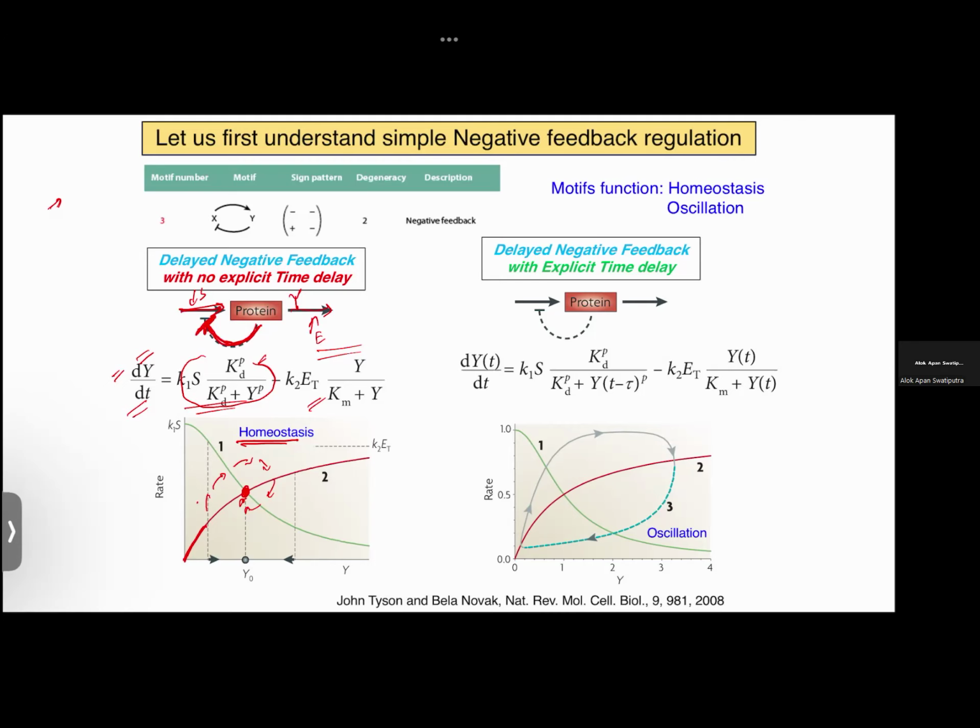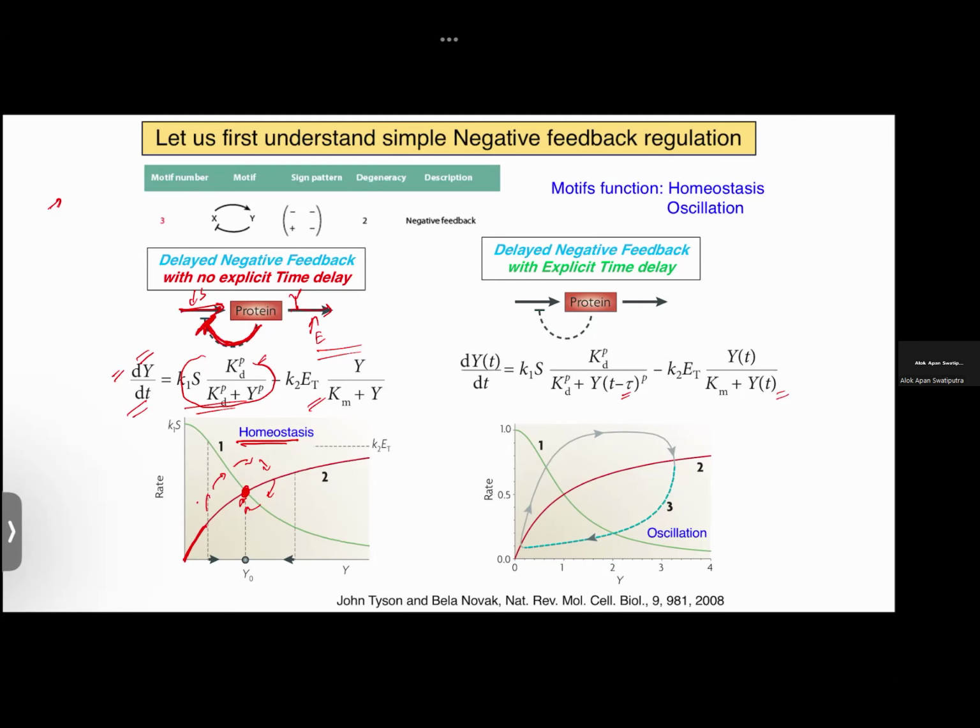So if we assume that there is this tau amount of time, which is, say, the formation time, the amount of time you have to allow for the polymeric form to emerge, then your equations will be modified in this particular way. You see, the degradation term is still in the t time. So wherever t is 0, degradation is operating, because as soon as a protein is formed, there is a chance that it will get degraded.